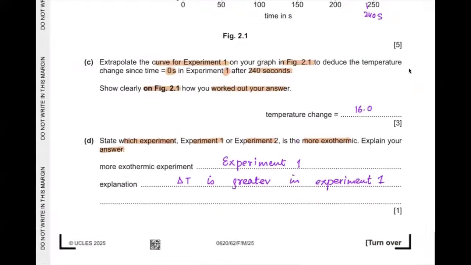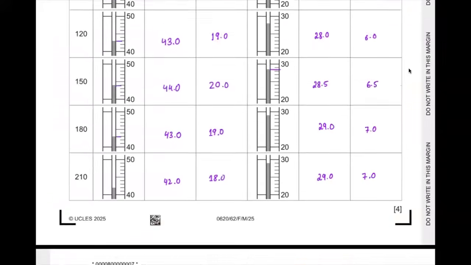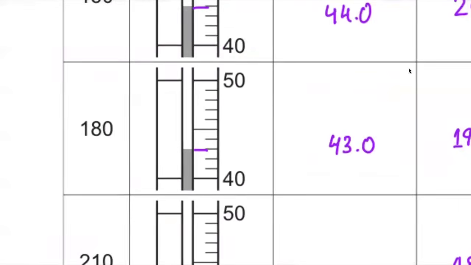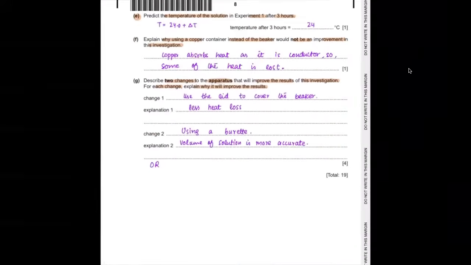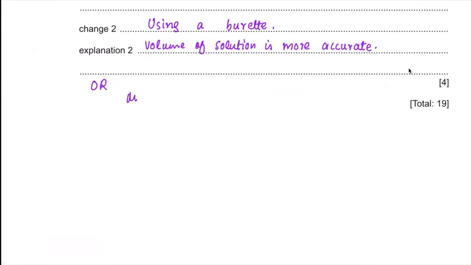Okay, besides this, you can use another thing. If you see, we are using a thermometer with a least count of 1 degree, right? So instead of this, we can use a digital thermometer, and a digital thermometer can give us the temperature change like not just 21.5.